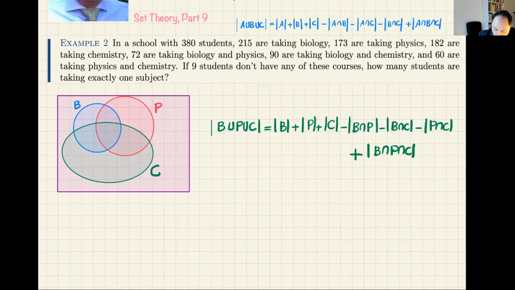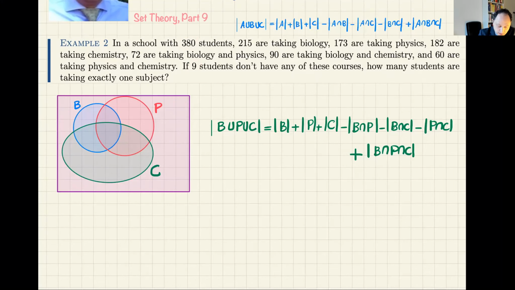So here my solution relies on knowing this formula. Okay, so let us assume that we know the formula for the time being. Okay, so what can I see? I know that there are 380 students in the unit circle in this school, in this big rectangle as the universal set, but 9 of them are not studying any of these subjects at all.